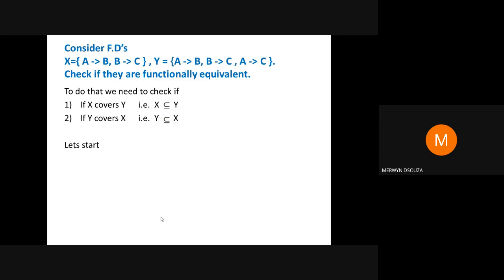To do that, we need to check two conditions, like we discussed in the definition. The first condition is whether X covers Y, and the second is whether Y covers X. Let's check both conditions one by one.